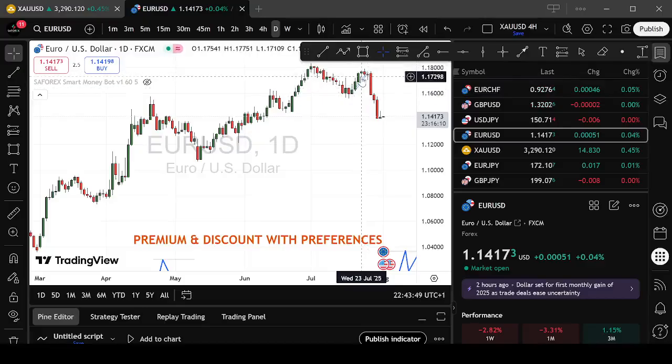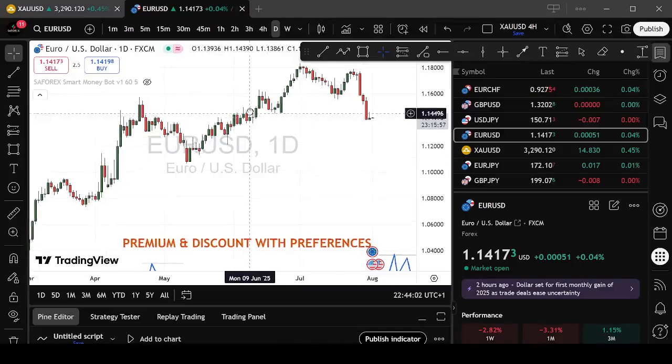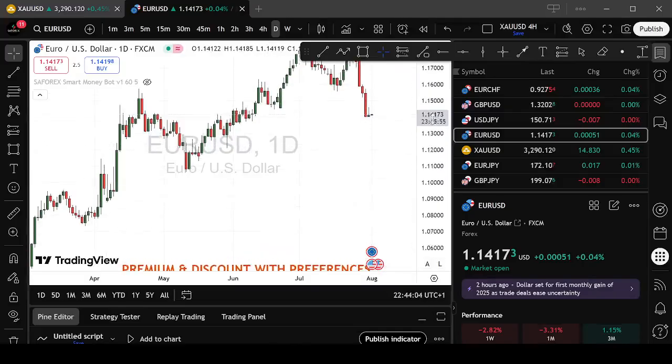So the best entry is when price returns to fill the imbalance, especially after a change of character, because when price is doing a change of character or break of structure, market price always leaves a fair value gap behind.